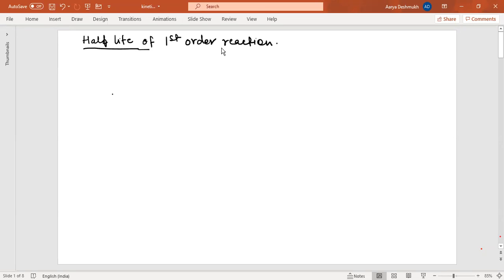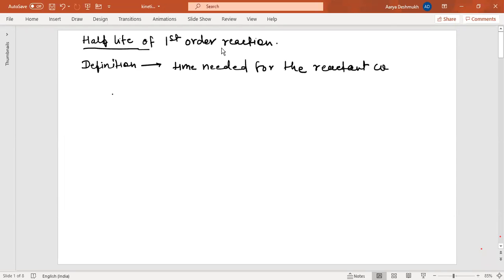Now this half-life you can define as the time needed for the reactant concentration to fall, or to decrease, or to reduce, to half of its initial value.